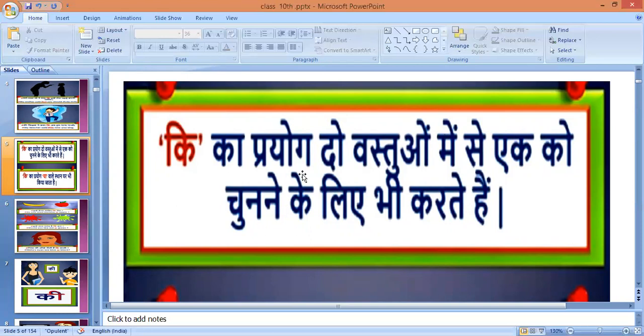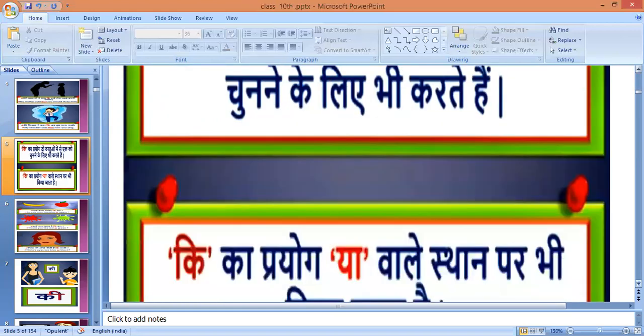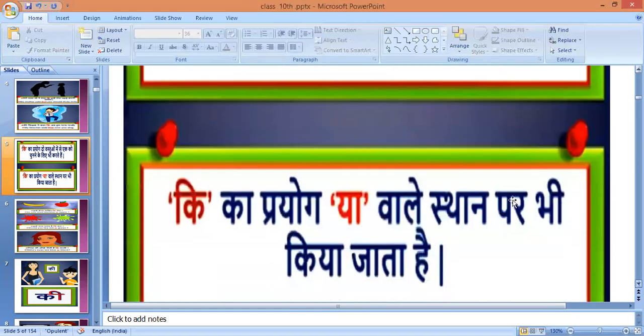Somewhere it will be used not only to mean 'that', but we also use it to select things. How? की का प्रयोग या वाले स्थान पर भी किया जाता है. Sometimes we use 'or' in English, this or that. In that case also, this short pronunciation key will be used.